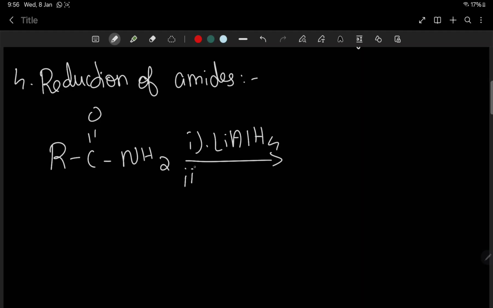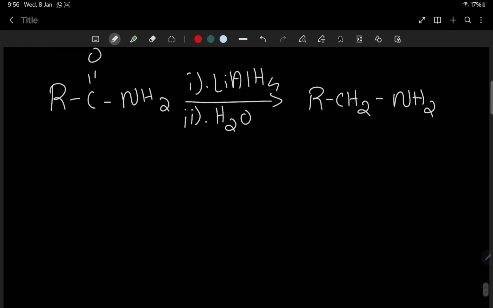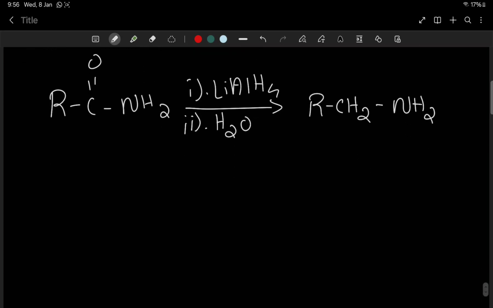So use lithium aluminium hydride and hydrolyze it. You get the corresponding amine, not RNH2. You will get RCH2NH2. Okay, this is the reaction. Got it.